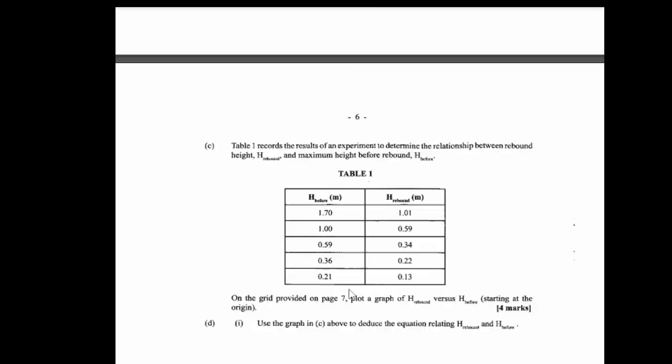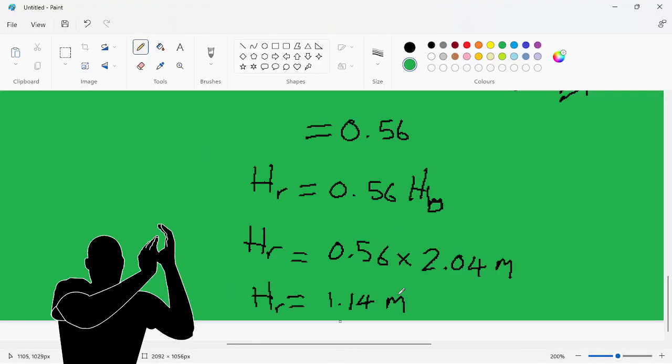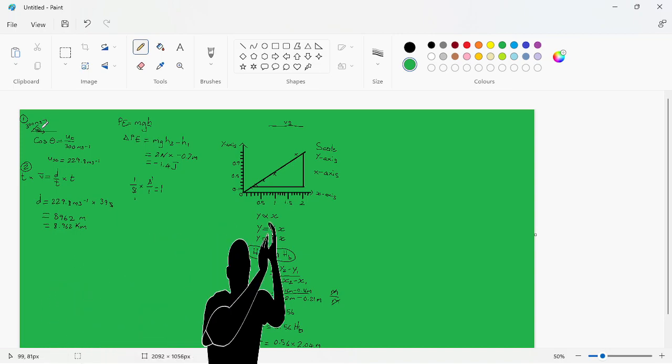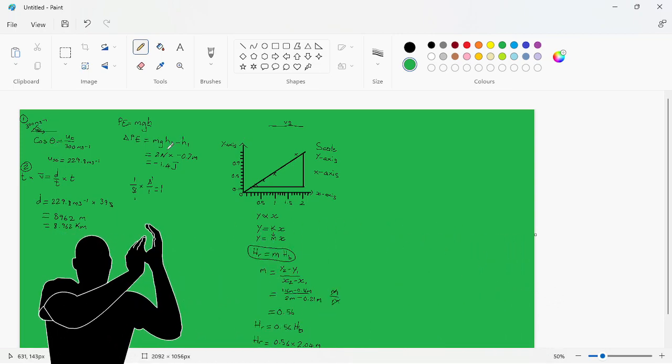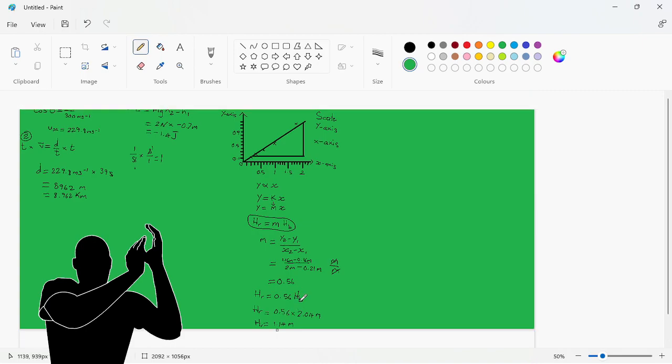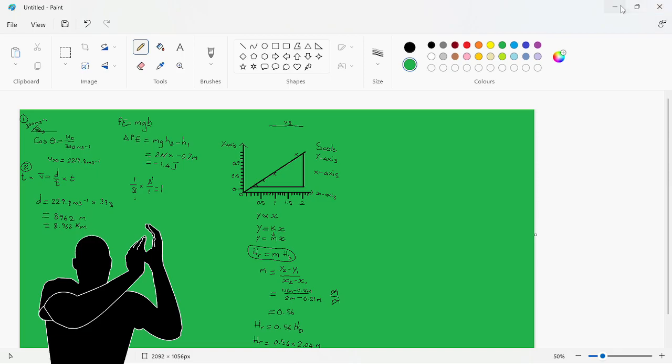So if you did all of this, where you did the working out and the graph, and you did the gradient of the graph, and then you plug the gradient in to give you the equation of the graph, and then you find the value of H rebound when given a value of H before, then you would get 15 marks for doing all of this.